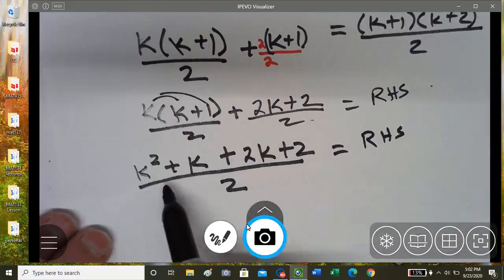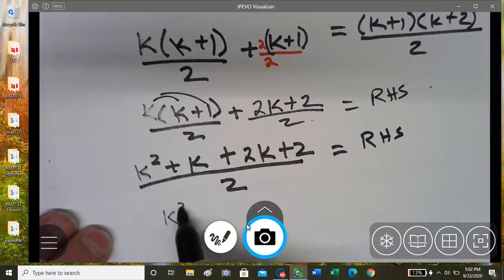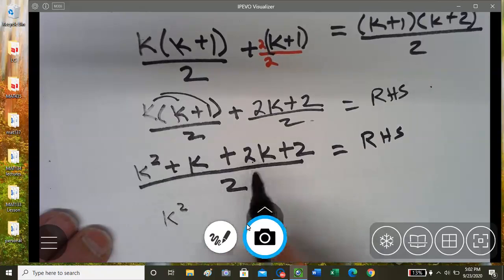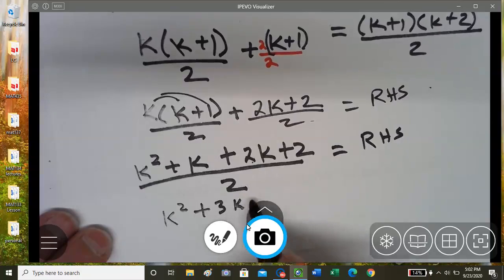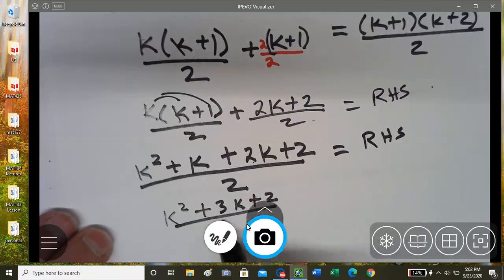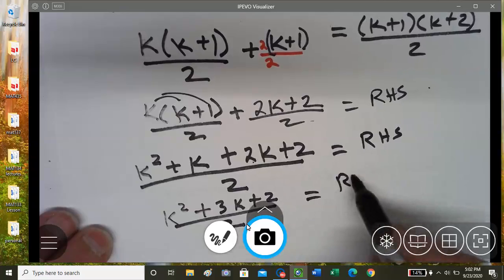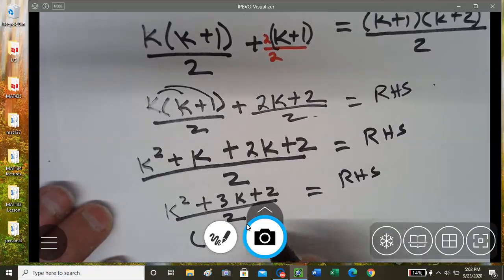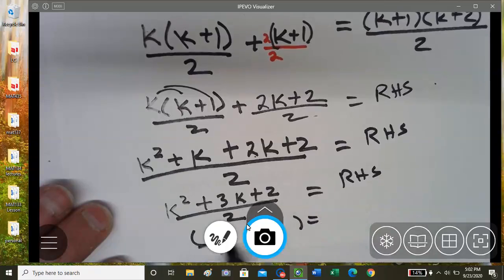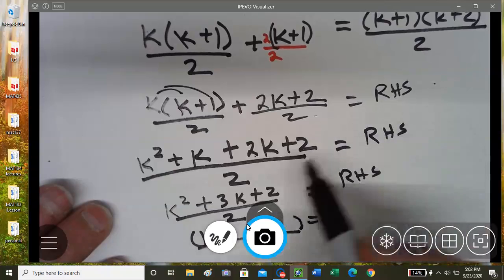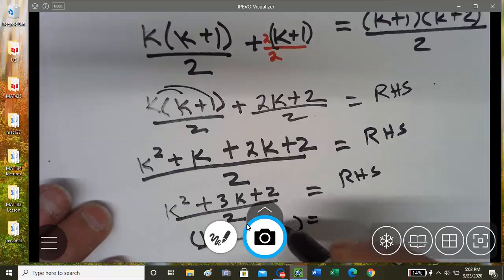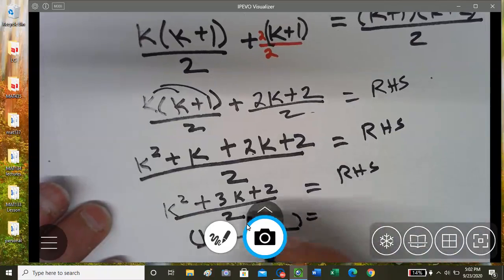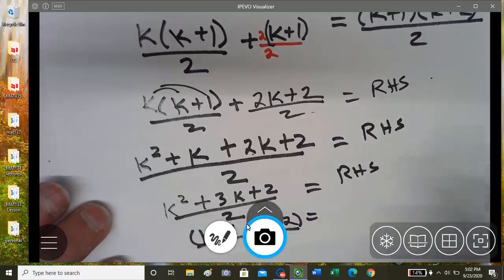So now we have k squared, 1k plus 2k, that's 3k, plus 2 all over 2. Okay, so we can factor that, all over 2. And we have k, and our signs are going to be plus, and the factors of 2 are 1 and 2.